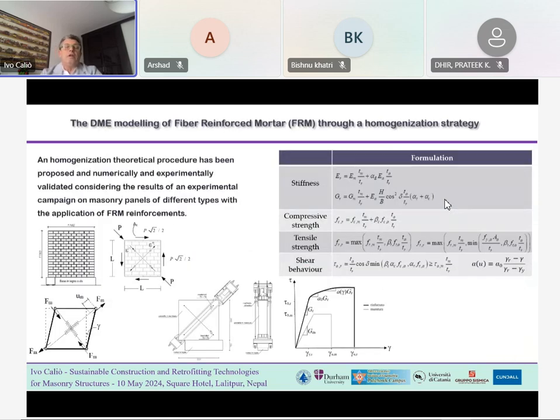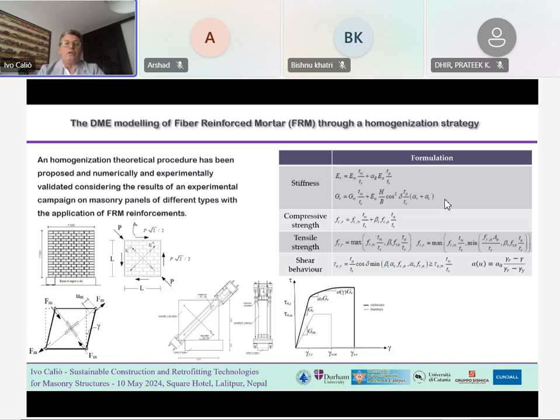The discrete macro element modeling of this retrofitting solution can be performed through a different approach. The simplest approach is based on the homogenization strategy.